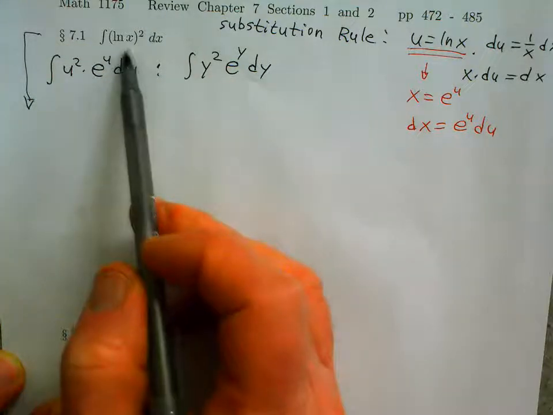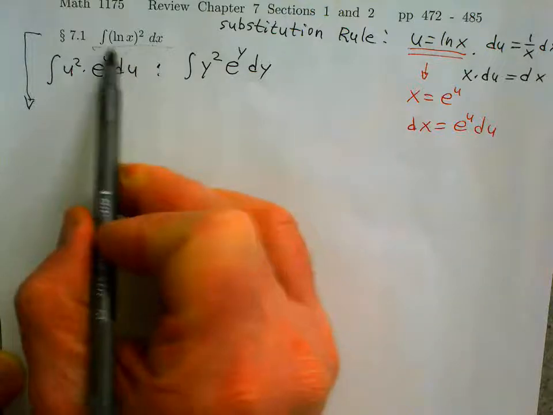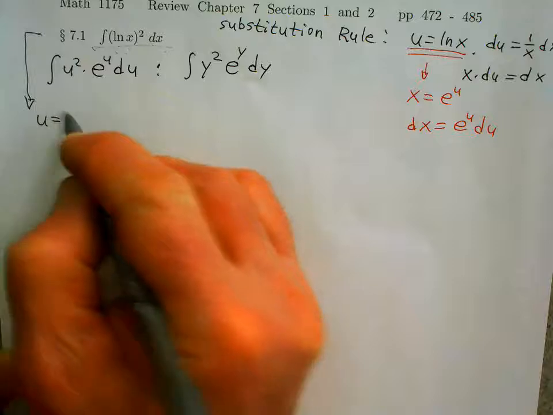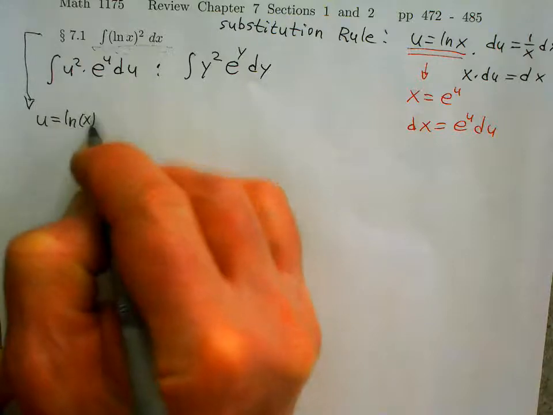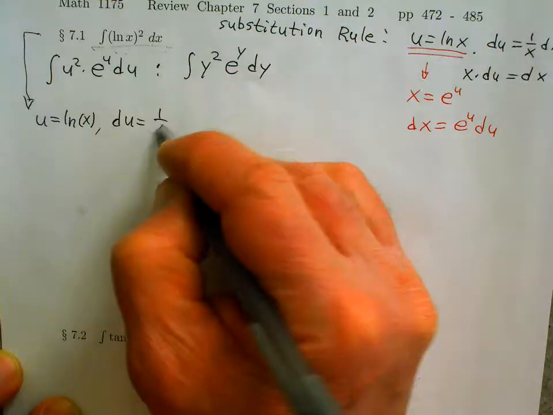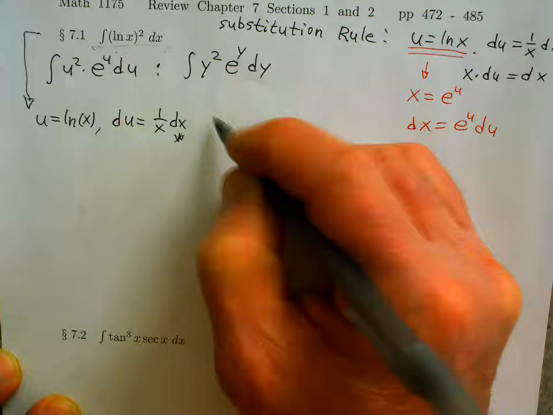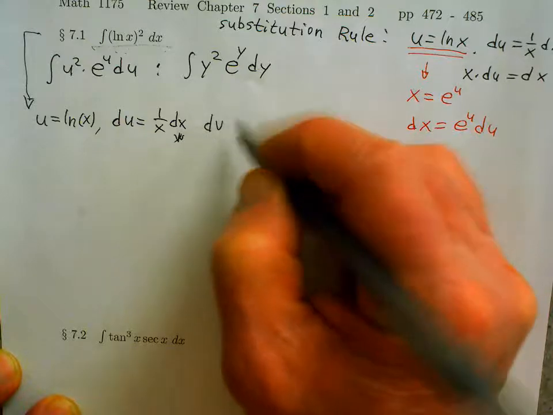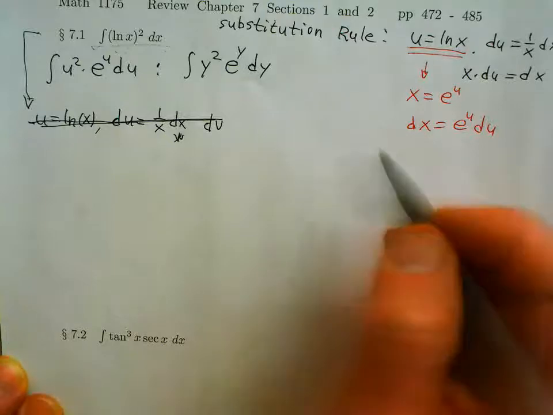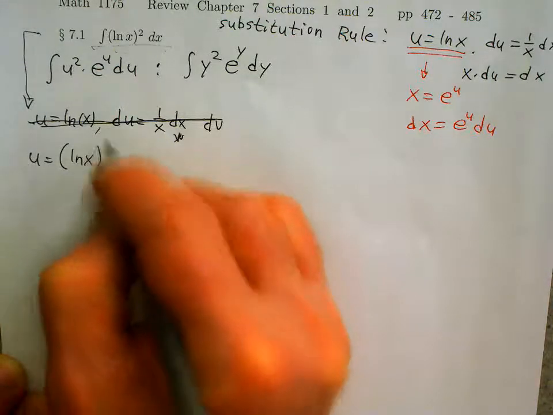The way I did it was I started out using integration by parts by picking u to be the natural log of x. And so du is 1 over x dx, and then dv is, no, I'm sorry, I misremembered. I picked u to be the natural log of x, squared.